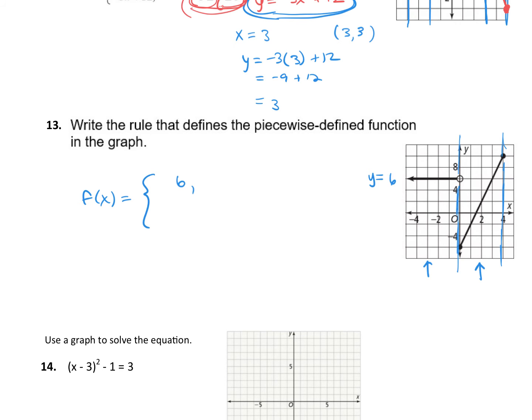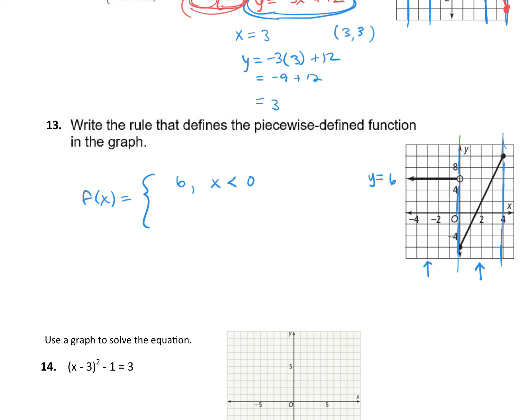What values of x do we have this line? Well, here's our cutoff. It's at a 0 for the x, and it's everything to the left. Everything to the left is going to be less than. So our function is equal to 6 for all the x's that are less than 0.